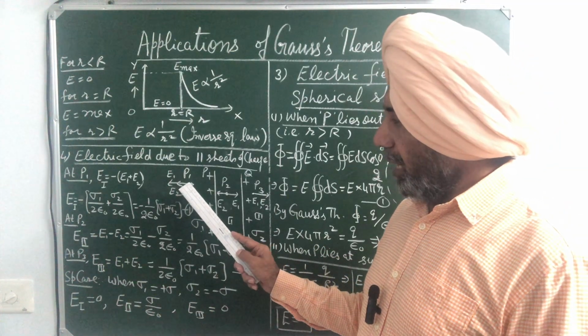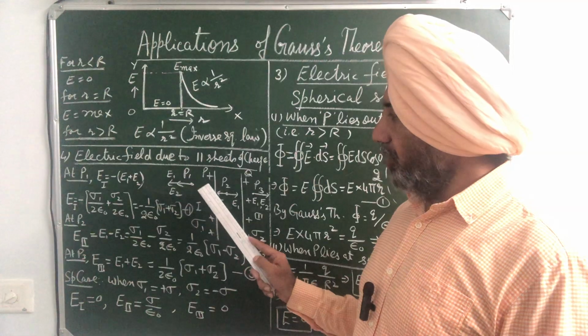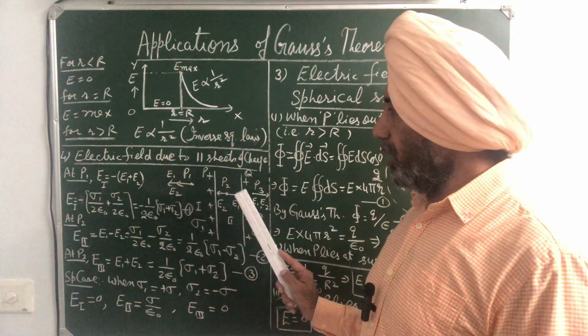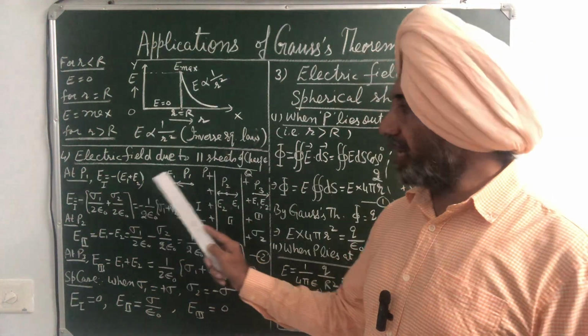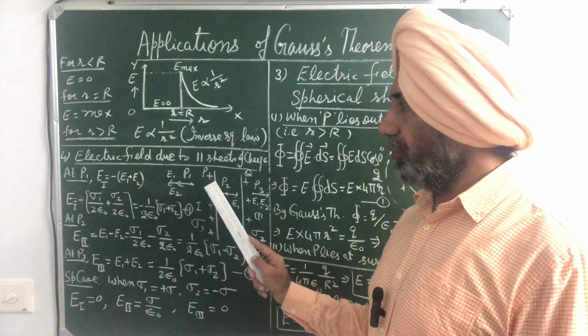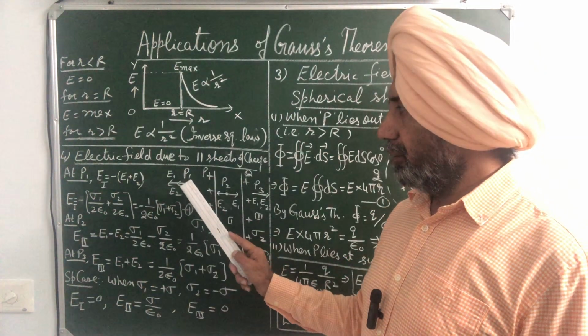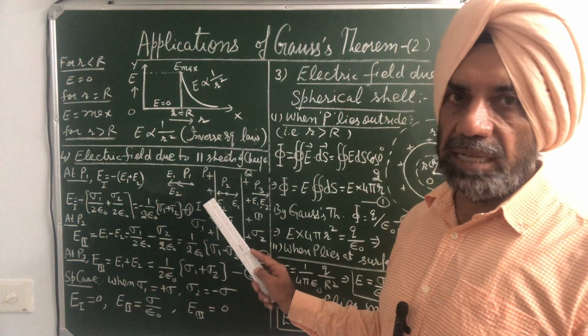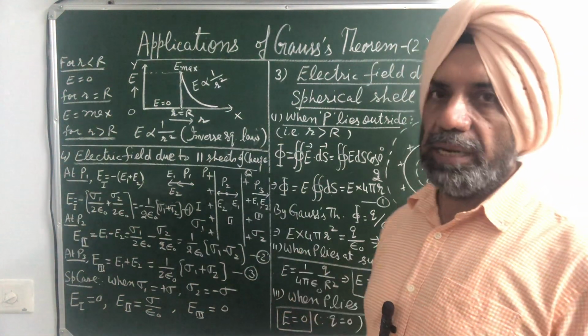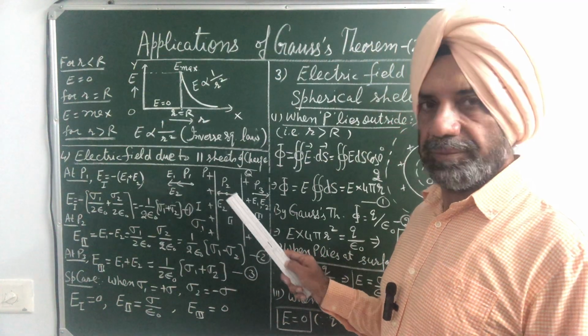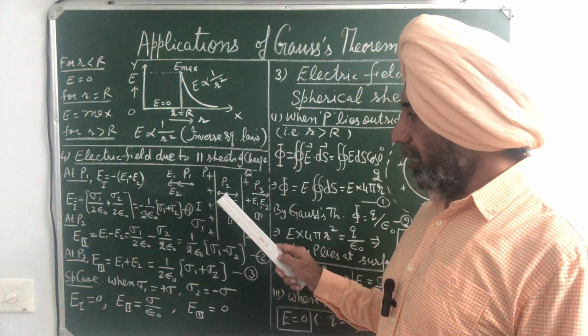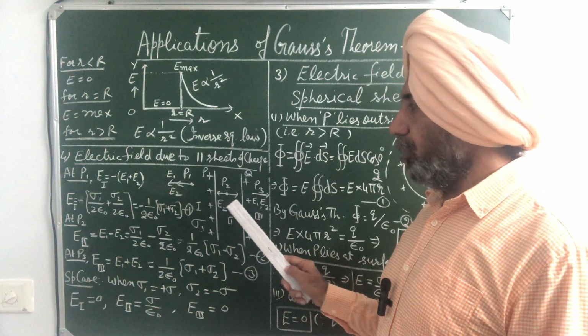Now we know that at P1, both the electric field due to plate P and plate Q will be towards the left, in the same direction. E1 and E2 are the electric fields at P1 due to the charge on plates P and Q. Similarly, within the plates at P2, the electric field due to P and Q will be opposite.